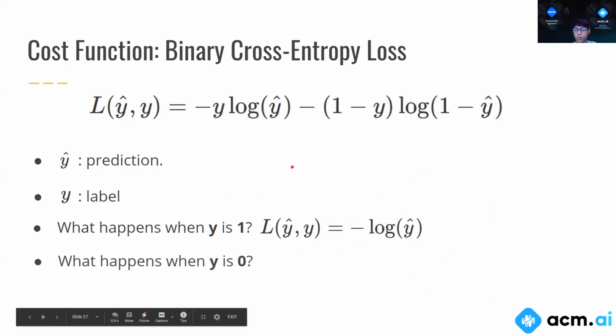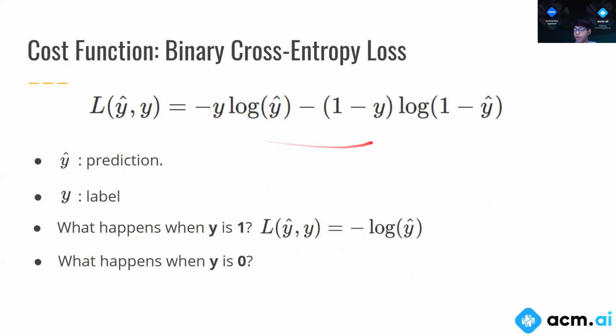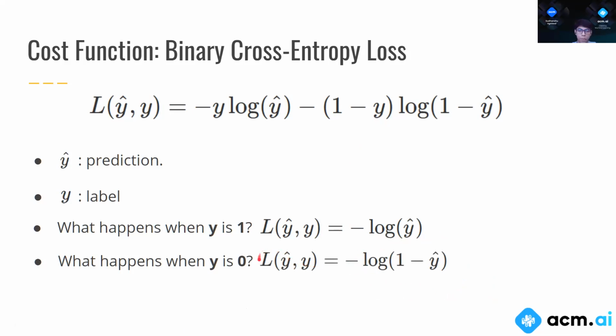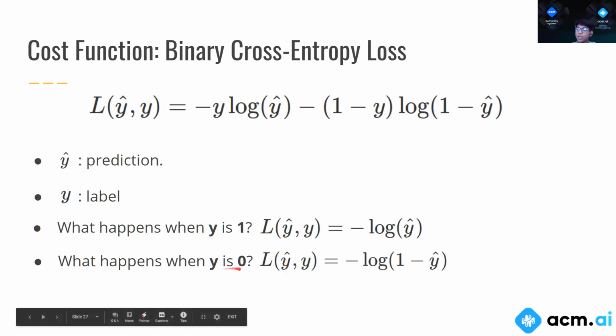Similarly, if y is equal to 0, this term disappears because we get a 0 times log of y hat, which just goes away. Over here, we get 1 minus 0, which is just 1. All in all, we get just this one single expression. Let's try and analyze what happens here. We want y hat to be as close to 0 as is possible. That means we want to minimize y hat.